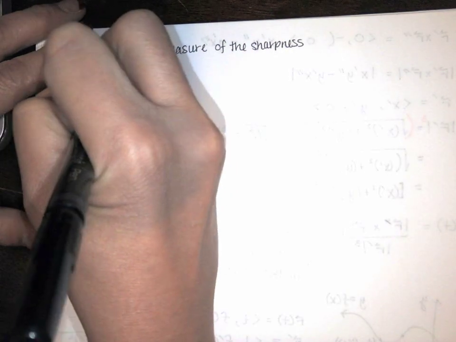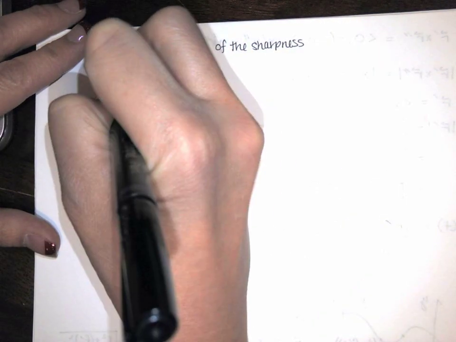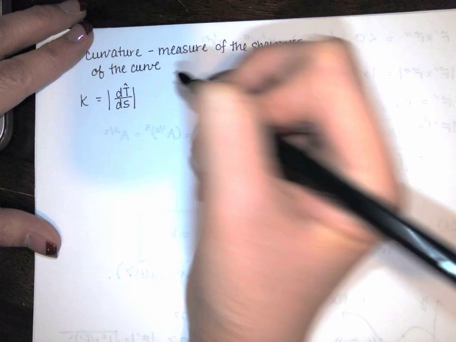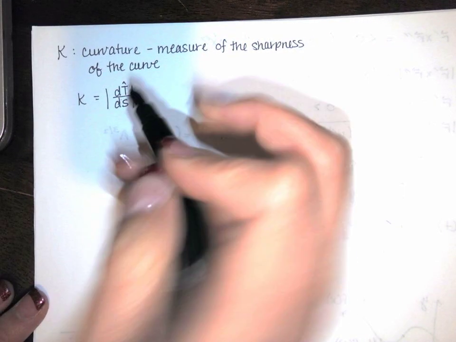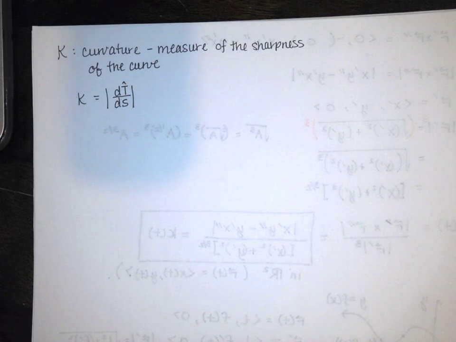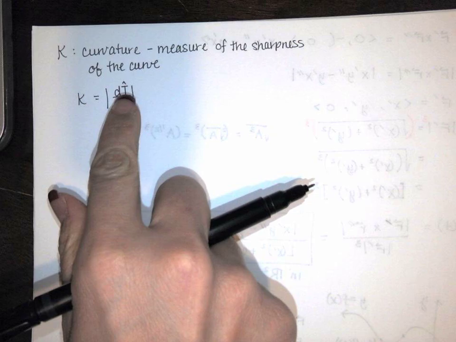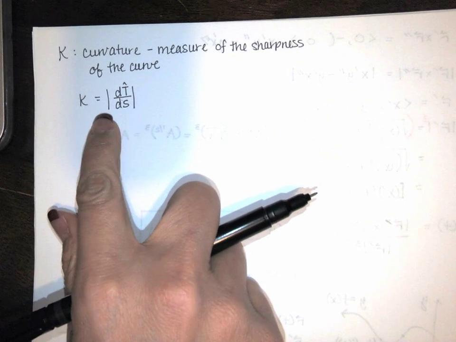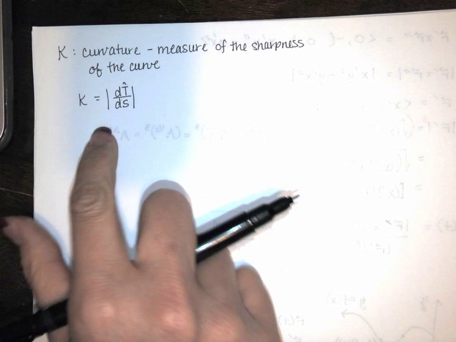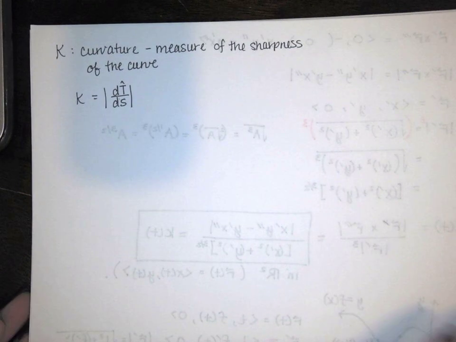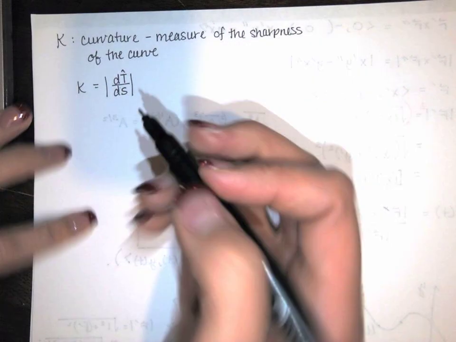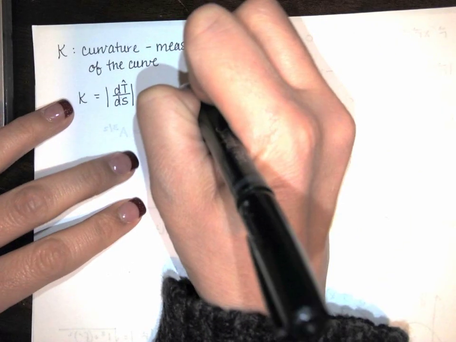And we define it to be the magnitude of the change in the unit tangent with respect to arc length. So if the unit tangent is changing a lot with respect to arc length, then we say the curvature is large. If it's not changing at all as we move along the length of the curve, then we say the curvature is 0. So that would be straight line motion. If there's any kind of curve at all, this is going to be positive. So this is the definition. We don't tend to use it.